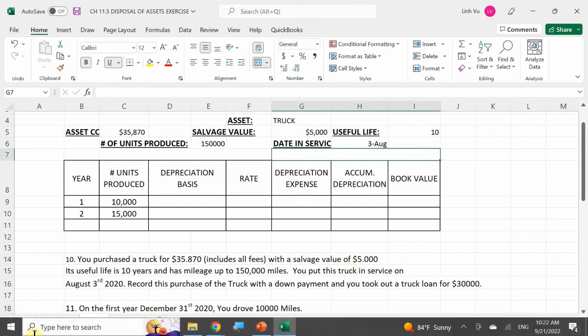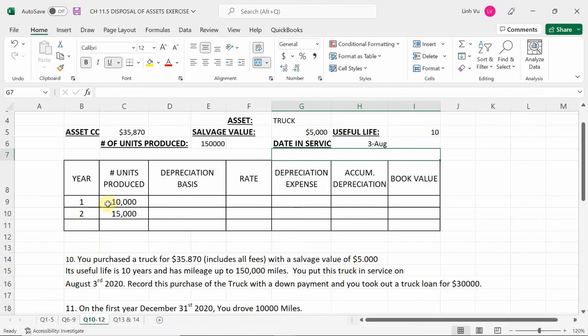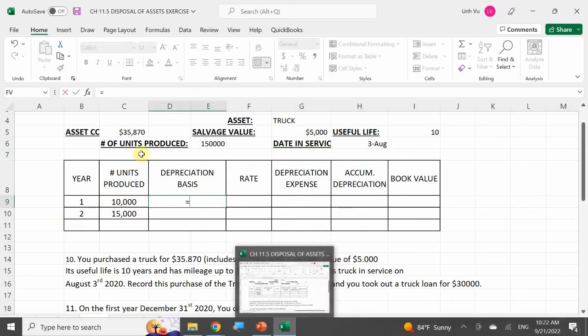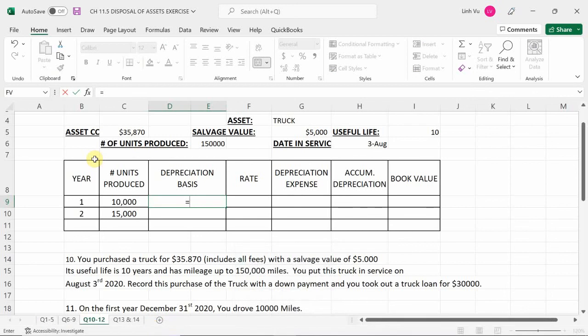So what's my depreciation basis going to be for the first year if I drove it for 10,000 miles?